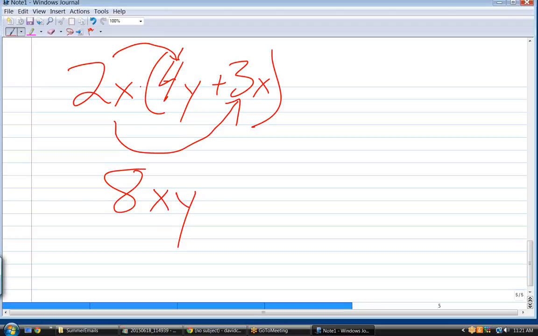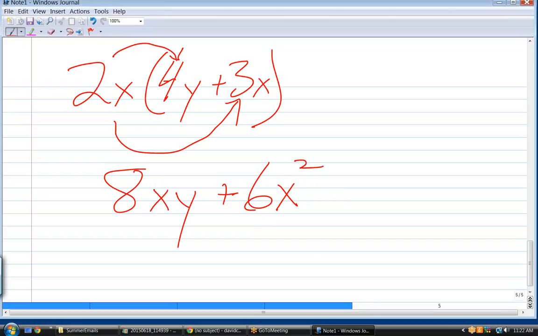Now, how about 2x times 3x? That's 6x squared. In other words, I still have to multiply the x times the x, so I could write it like that. But when I have x times x, that's x squared, and it's more efficient to write it like this.